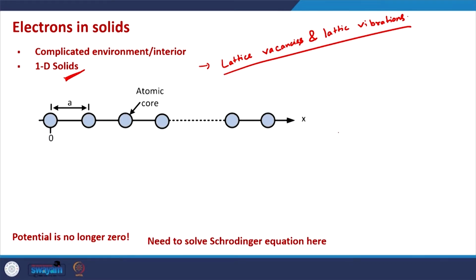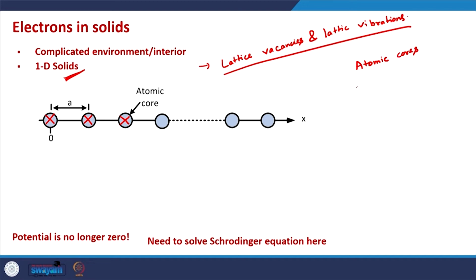So, in a 1D solid, the atoms, or to be more precise, the atomic cores, will be located at a regular interval from each other. Let us consider the case of an infinite 1D solid in which these atomic cores are atomic nucleus plus tightly bound electrons.